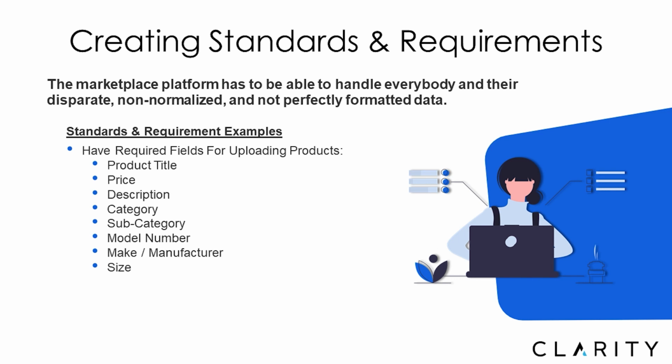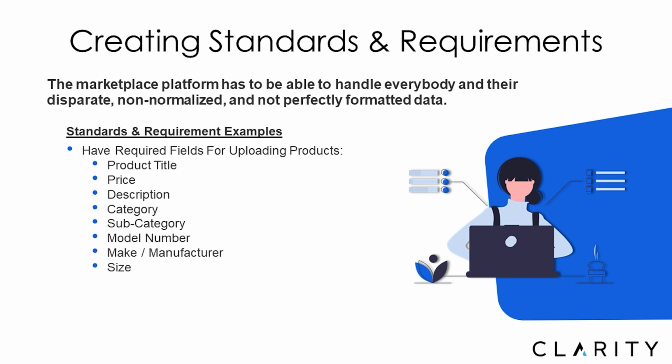And obviously we're going to talk about governance and things like that in other videos. But the way to do that is to potentially make decisions on how your marketplace is going to behave the best. How am I going to ensure that my sellers upload consistent data?